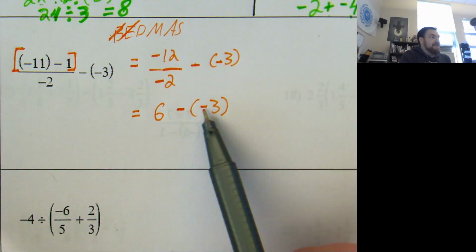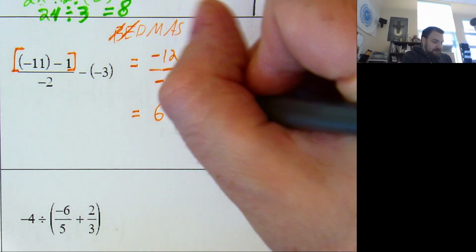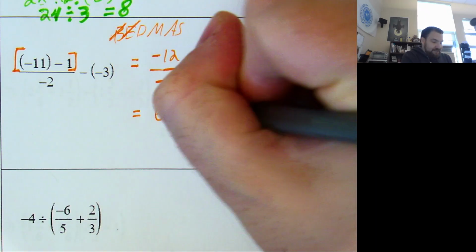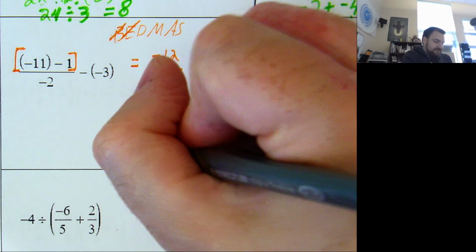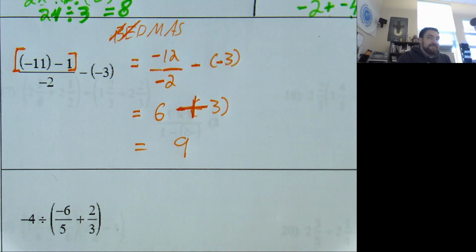When you take away a negative, that's the same thing as addition. So I can actually write it like this. 6 plus 3 is... Adding two positives is more positive.